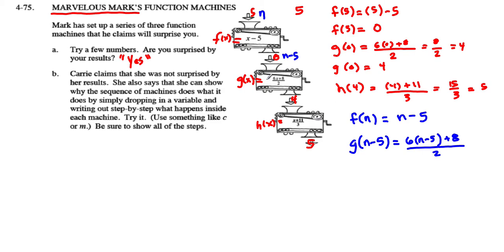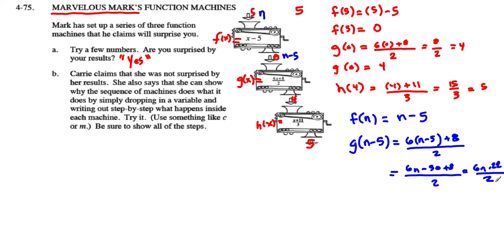We just plugged our input into the function where x was. Let's simplify this down. 6 times n is 6n. So we have 6n minus 30 plus 8 all over 2. 6n minus 30 plus 8 is the same thing as 6n minus 22 all over 2.